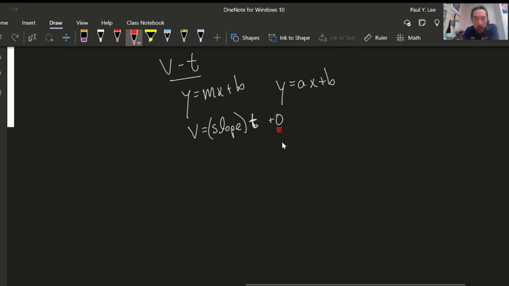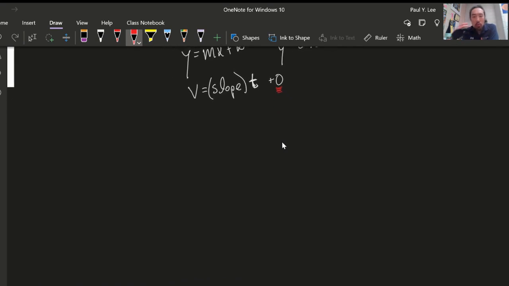Now, slope is a ratio, okay? And in this case, the ratio that our graph gives us is that for every velocity, we have a little bit of time. And this gives us our slope.